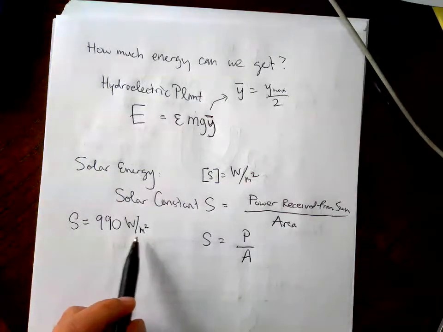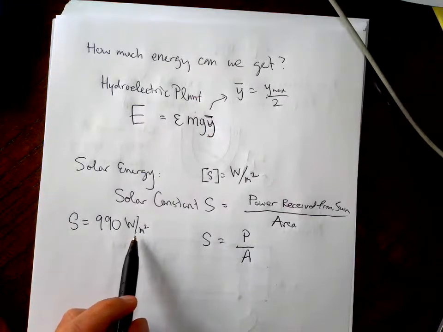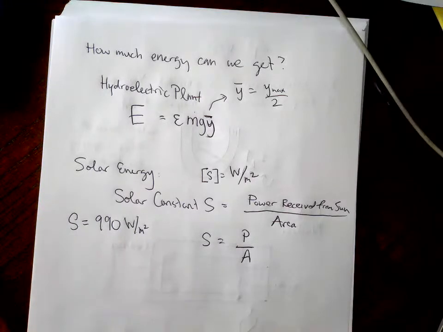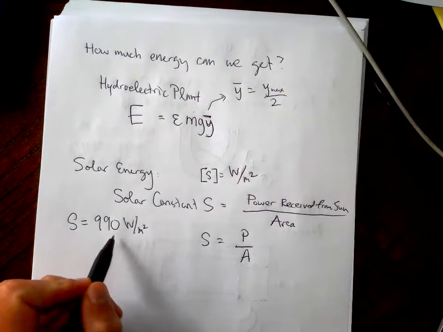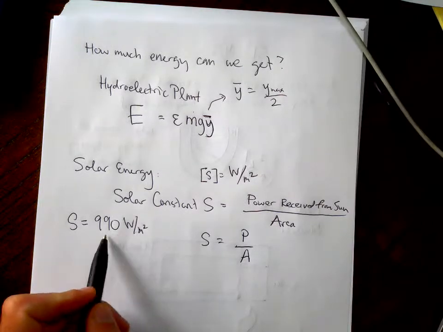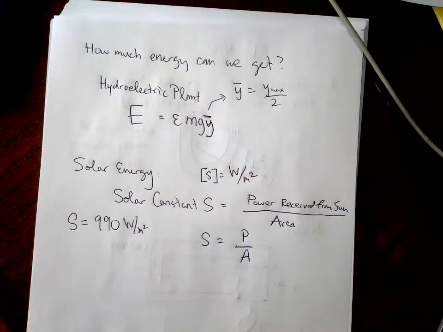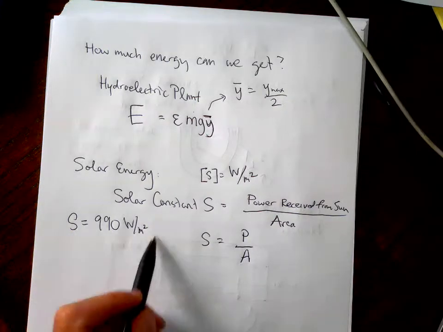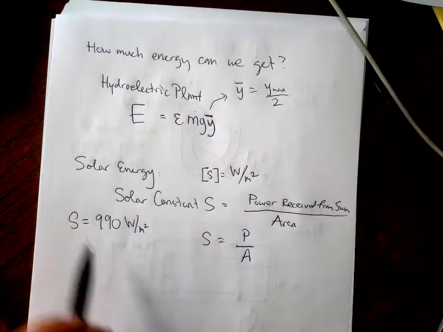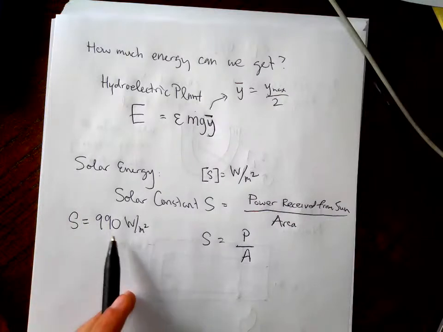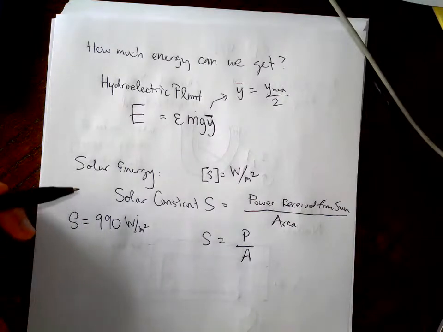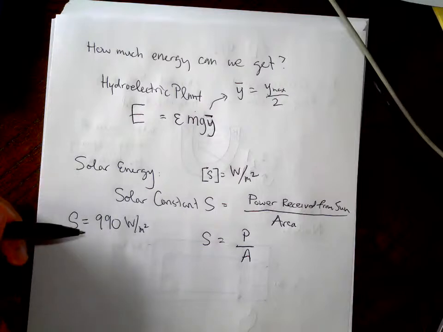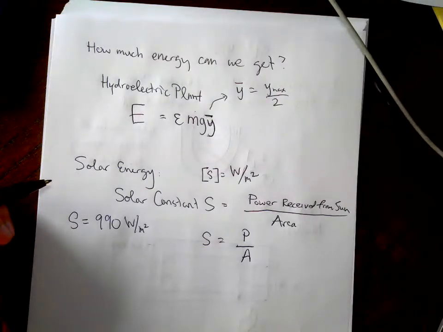So if you had a 1 meter by 1 meter solar panel and you pointed it directly at the sun, then the maximum power you could get would be around 990 watts. Okay. This is the solar constant for the surface of Earth. If you were to go up into outer space, we don't have an atmosphere absorbing some of the sunlight.